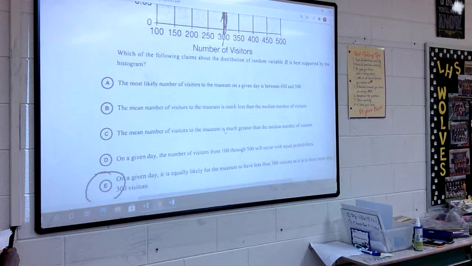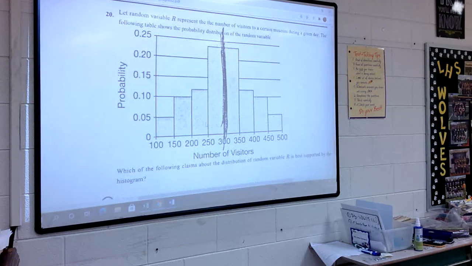So that should mean on a given day, it is equally likely for the museum to have less than 300 visitors as it is to have more than 300 visitors. So they have the same chance of having less than 300 visitors as they do of having more than 300 visitors. It's equal. It's the same on both sides because it is a symmetric distribution, and that is number 20.